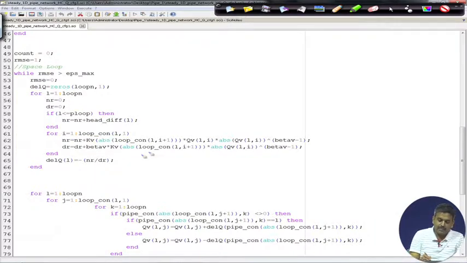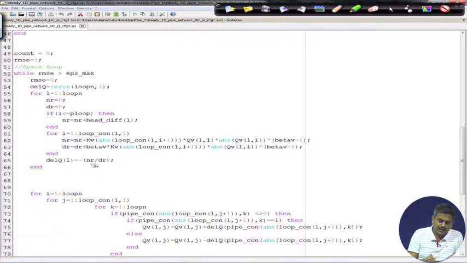For these connected pipes, I can calculate NR equals KV, which is the K value, into QV into absolute QV to the power beta V minus 1. Again for the denominator, DR equals DR plus beta V into KV into abs QV Li to the power beta minus 1. After taking abs, I am taking this power.